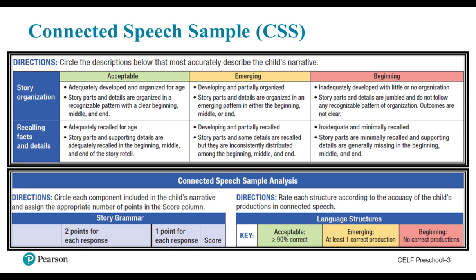We're keeping the descriptors below that explain the transition of a child from a very early beginning stage to emerging, where maybe the child does some of these behaviors inconsistently, going from little or no organization to a much more cohesive pattern of at least talking about some aspects of the story, where some details are provided, or you start out with a clear beginning, but you may or may not have all of the pieces of beginning, middle, and end, and then acceptable, with the child showing that there's a recognizable pattern.